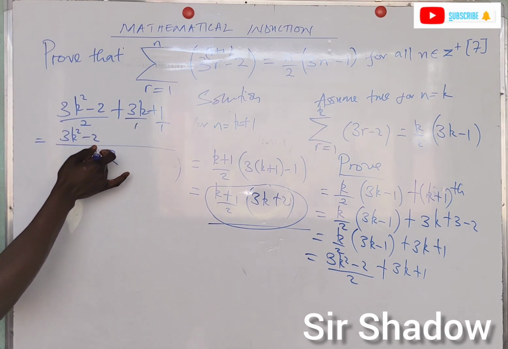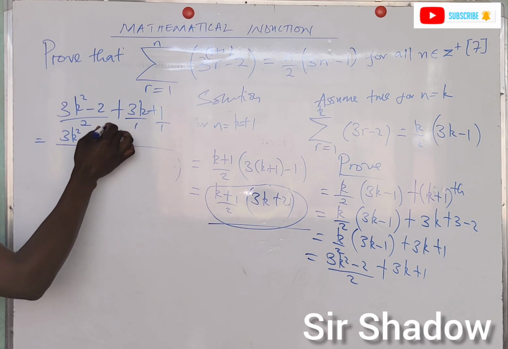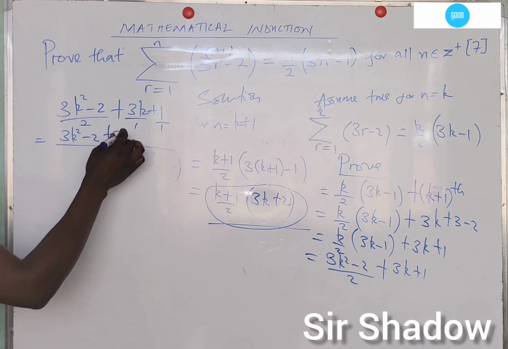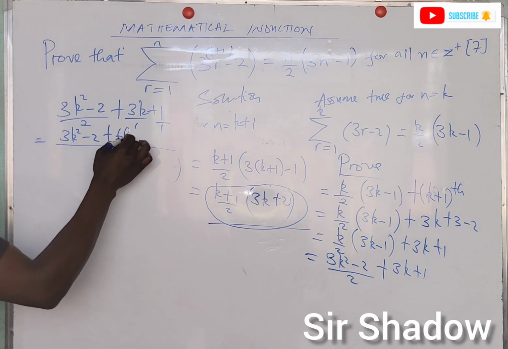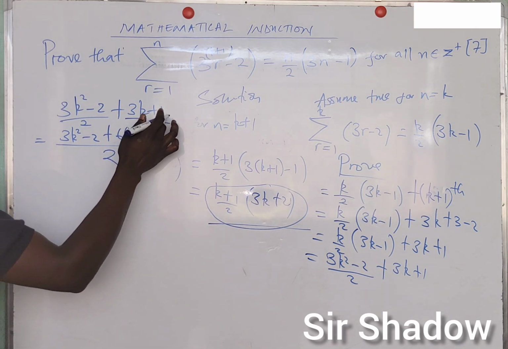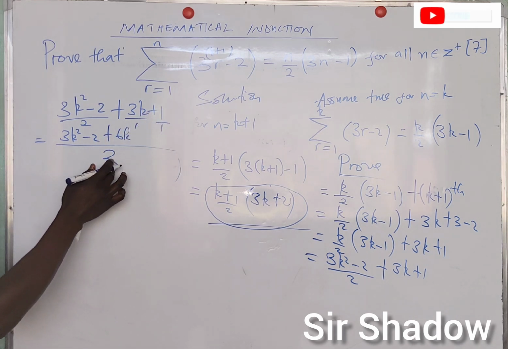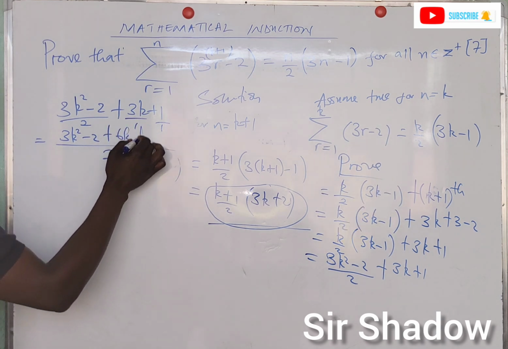Then 1 into 2, which is 2, 2 times 3, which is plus 3, plus 2 times 3 is 6k. Then 1 into 2, 2 times 1 is plus 2.